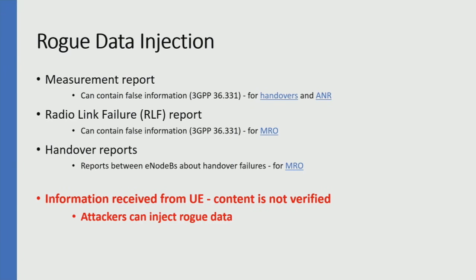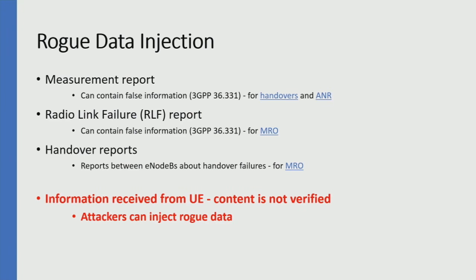So overall, the idea here is how the attacker can exploit these things. He can inject malicious information into these reports, because all these reports are going from the phone to the base station.